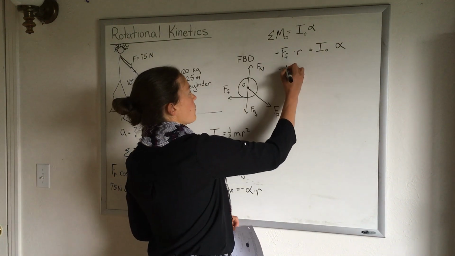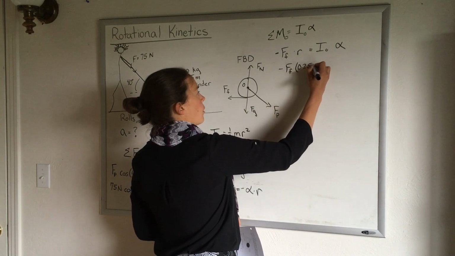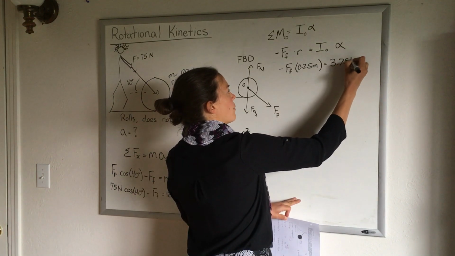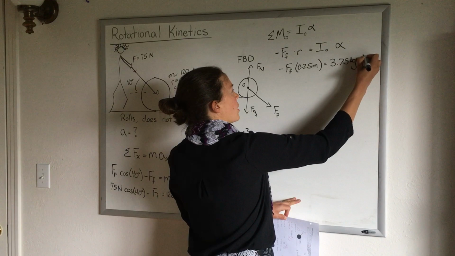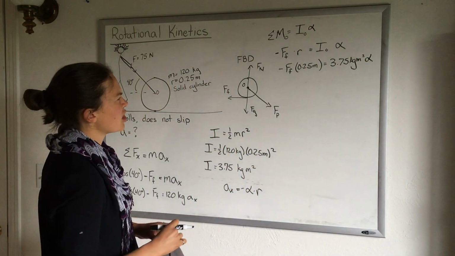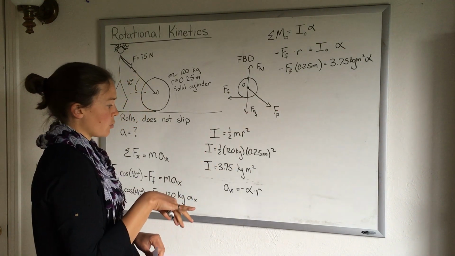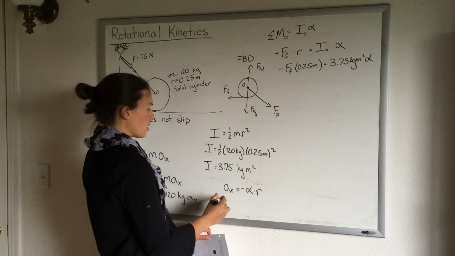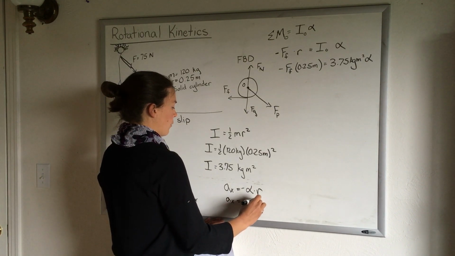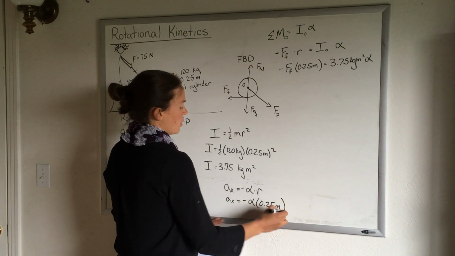Here, negative force of friction, we don't know, times radius 0.25 meters is our mass moment of inertia, 3.75 kilogram meters squared times alpha. That should give us an alpha in radians per second squared if our force is in newtons, or kilogram meters per second squared. And then our last equation, our acceleration in the x direction, will equal negative times our alpha times our radius, 0.25 meters.